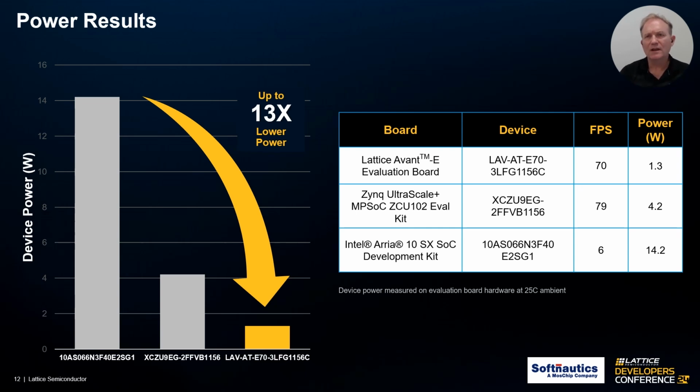So we think that this data set gives a good illustration of how we've really optimized the Lattice Avant platform for doing low power processing at the edge, as the graph on the left-hand side shows, up to 13 times lower power than the competitive devices.